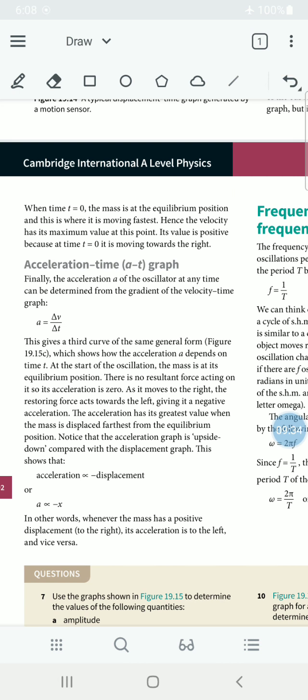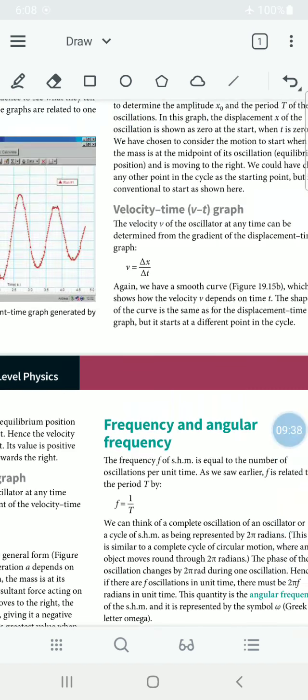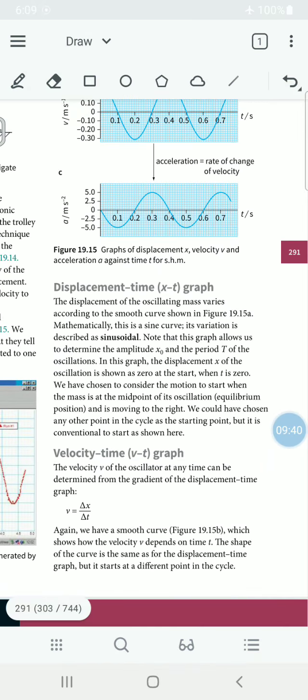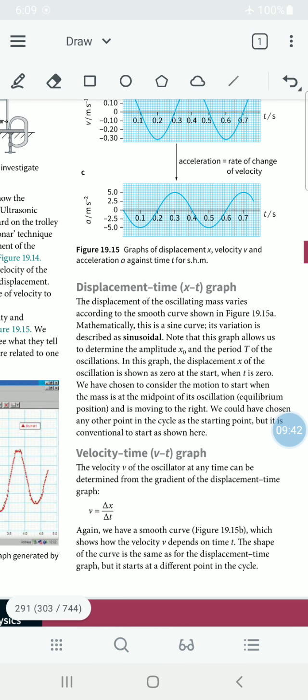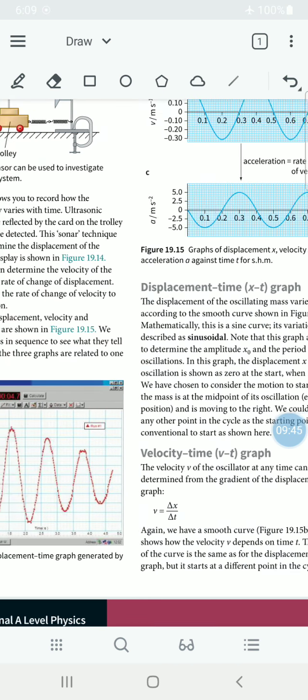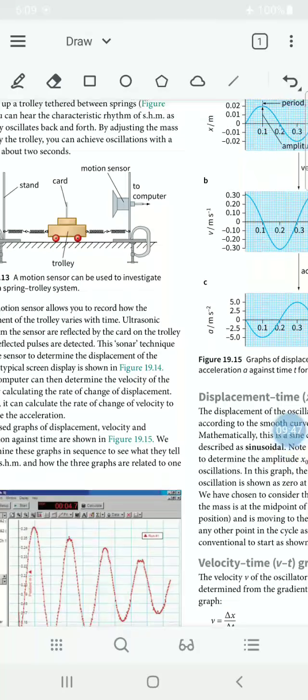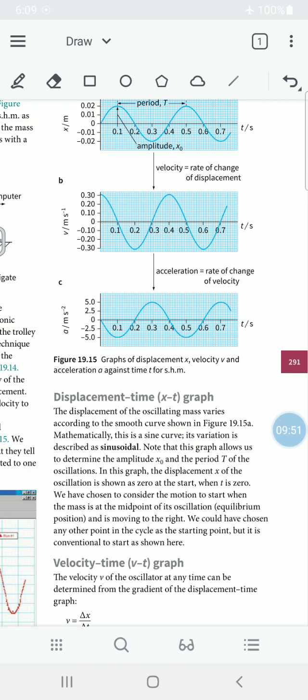Then the acceleration time graph. Then we come to the acceleration of the oscillator. At this point, it is moving at the fastest level at the central point, and it does not accelerate, it does not decelerate. After that only it begins to decelerate.